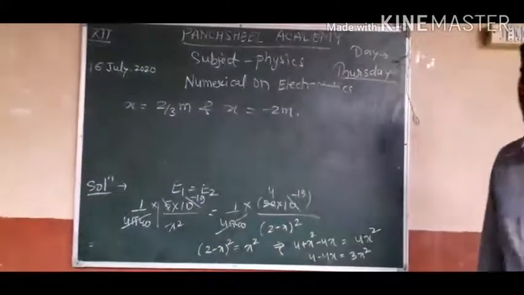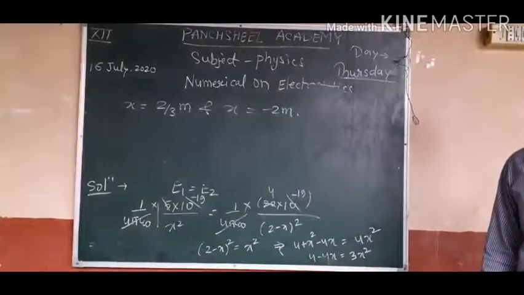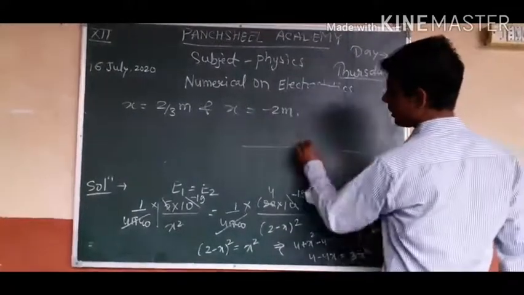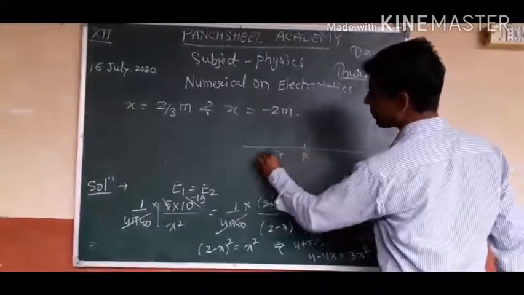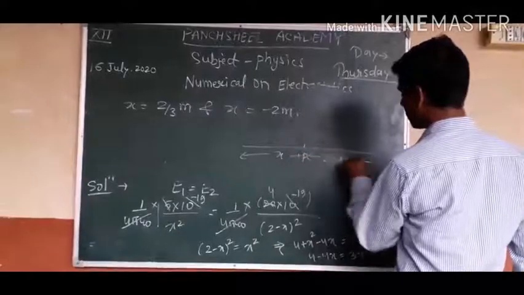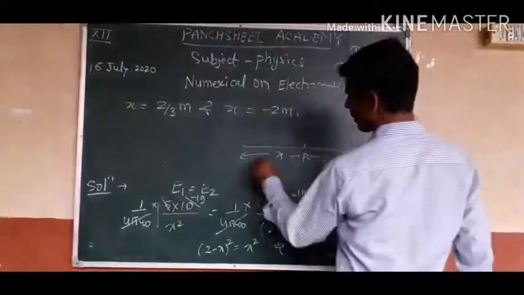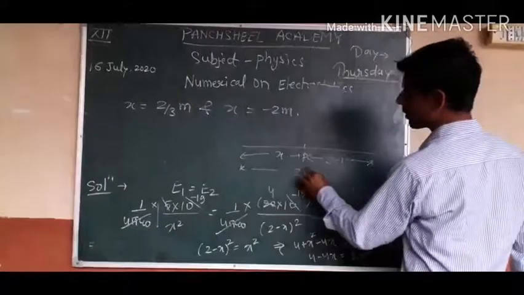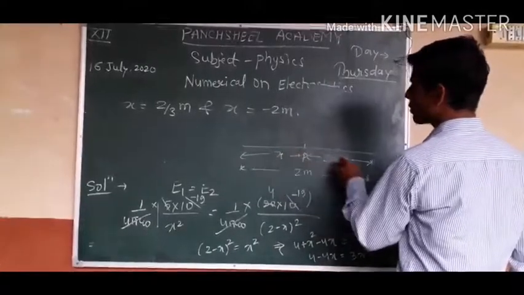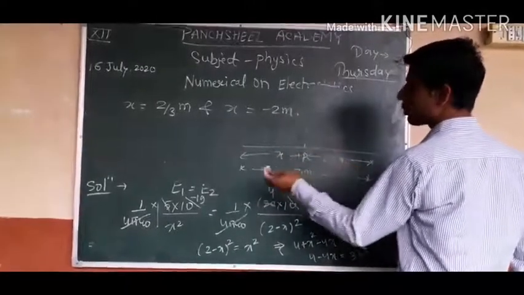So minus 2 is not possible, because here point P is at x and this is 2 minus x, and this is total 2. If x equal to minus 2, then 2 minus x means 4, so it is not possible.